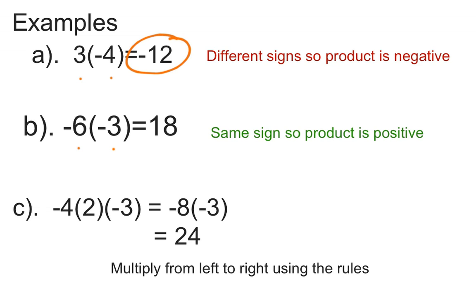Here we've got 6 times 3, but because we have the same sign, we end up with a positive 18. On number C, you're going to go from left to right, and you're going to do it in 2 steps. Negative 4 times 2, that's 1 negative, 1 positive, gives me a negative 8. And then negative 8 times negative 3, same sign, gives me a positive 24. So I'm multiplying left to right using the rules that we talked about on the first screen.